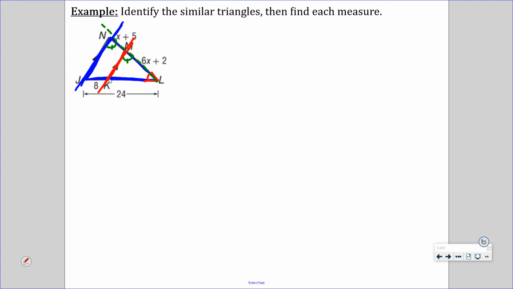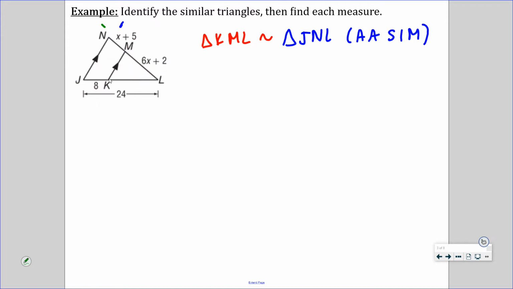And then same thing here, we could say these ones are also congruent. But basically, we can say that these triangles are similar. So I'll do my triangle, the small one: KML is similar to JNL by angle similarity. Now they didn't ask me to prove it. It just said identify which triangles are similar. So that's kind of a review.